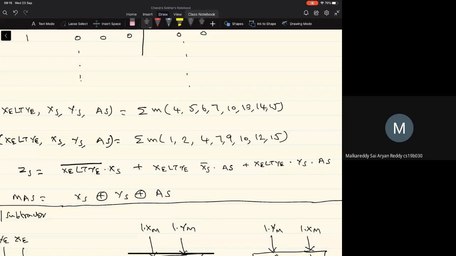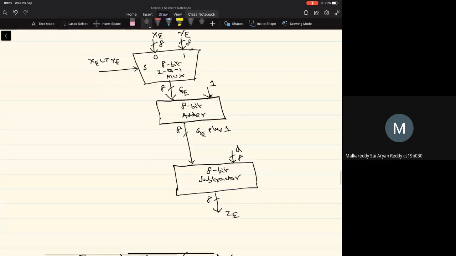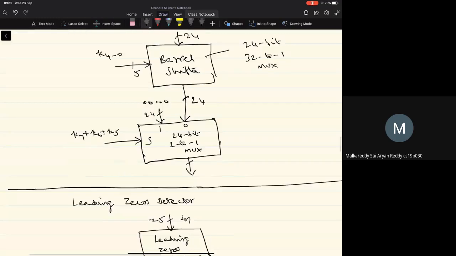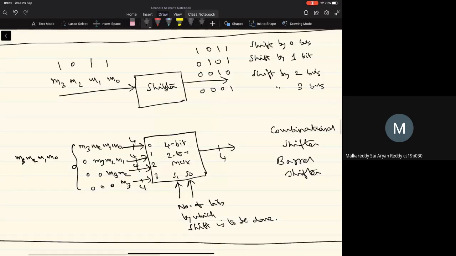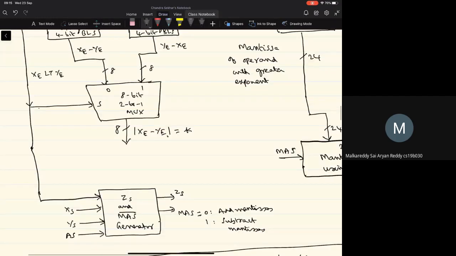And we can realize this using a two-level logic gate, and that's what will be going in as the circuit in this module, which is called the ZS and MAS generator. So basically there will be two-level logic gate circuits which will take these 4 inputs and then generate these 2 outputs.